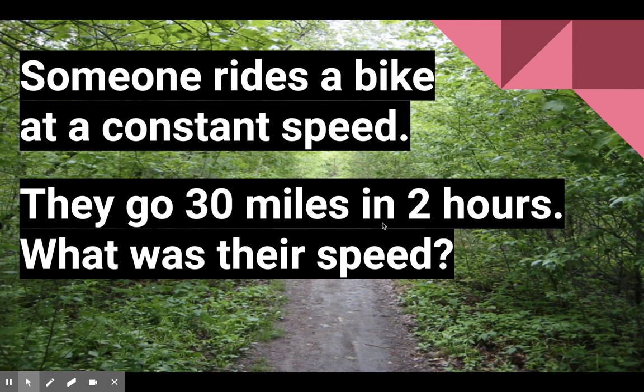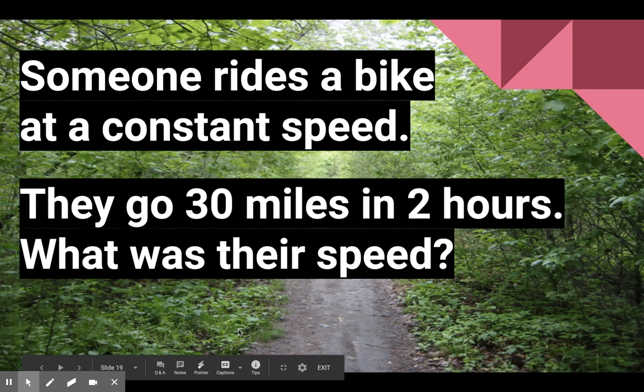We always want to look for the base, which is 1. So think to yourselves for 30 seconds, how much can they do in 1 hour? Hopefully, you realize that in 1 hour, they will be able to complete 15 miles.